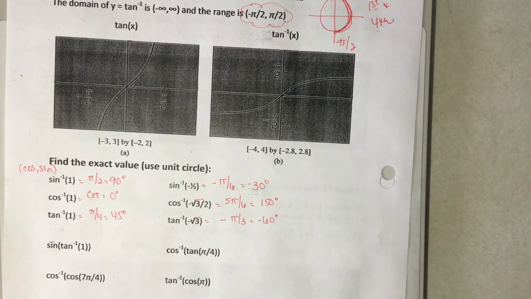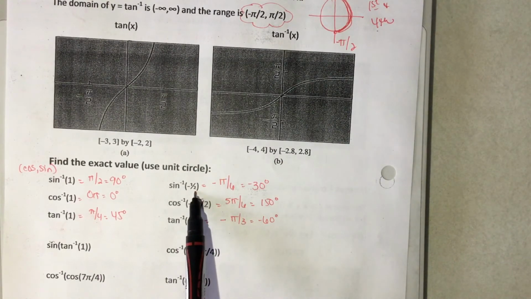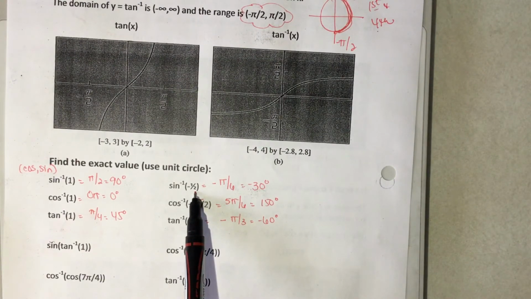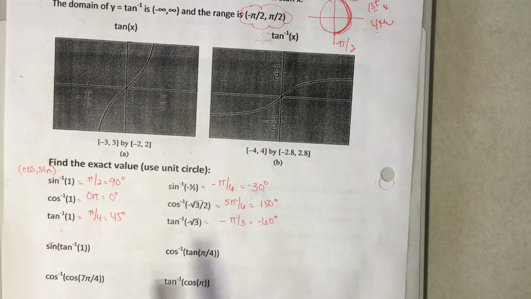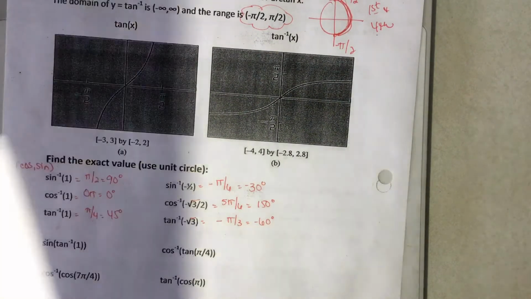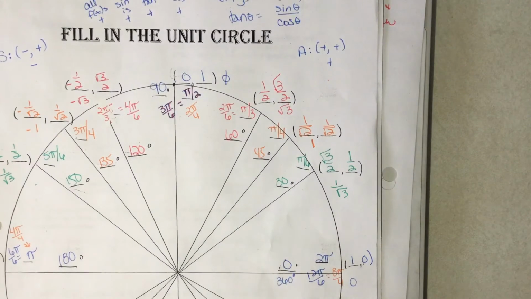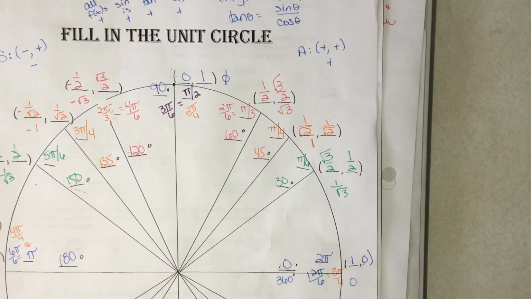On the first one in this column, when we're looking for sine negative 1/2, that's in the third and the fourth quadrant, but we can't use the third one. So in the fourth one, I'm just confused how we got it to correlate with the 30 degrees. Okay. If you take what originally is 330, what's 360 minus 330? 30.